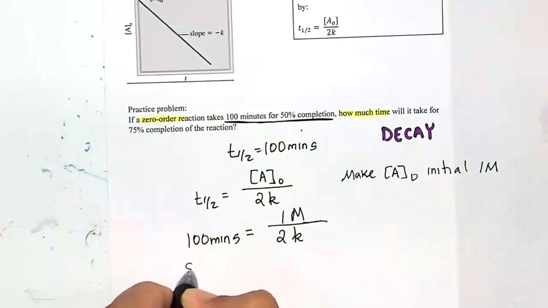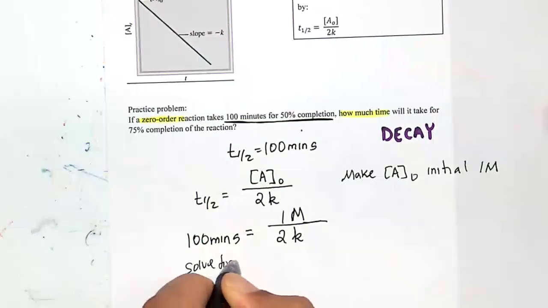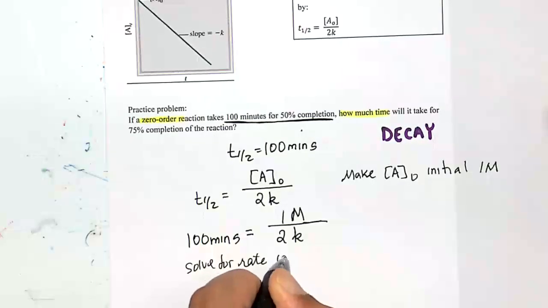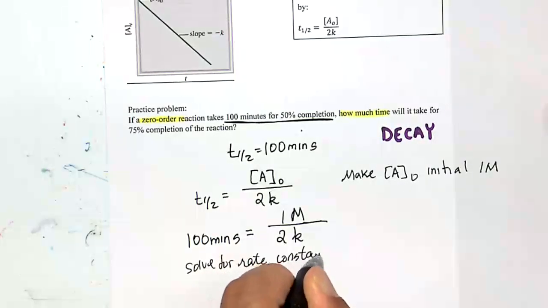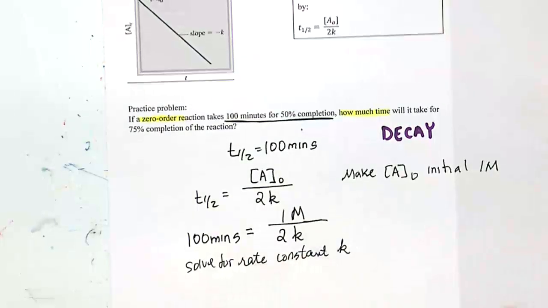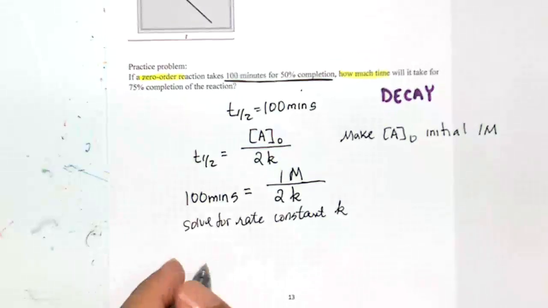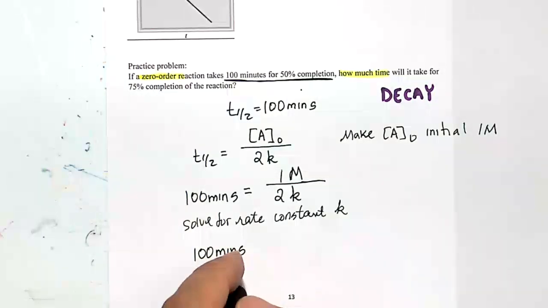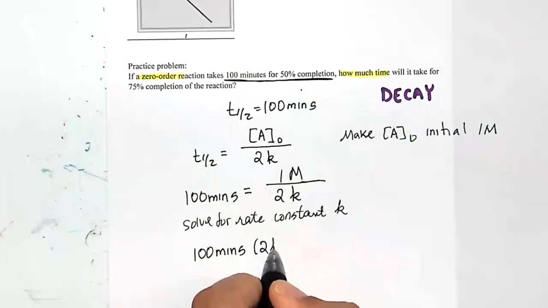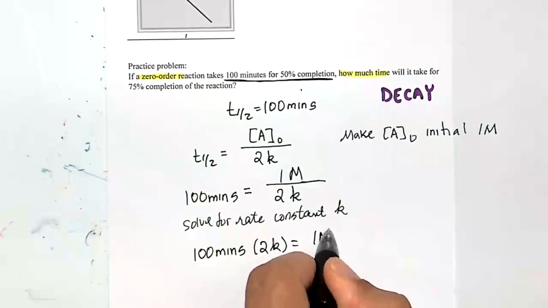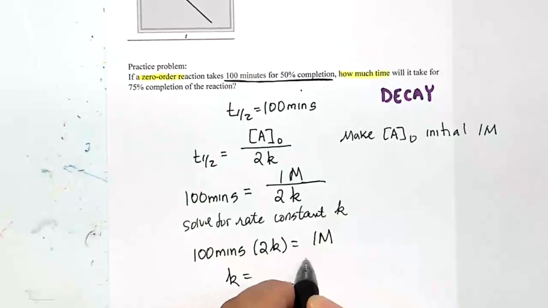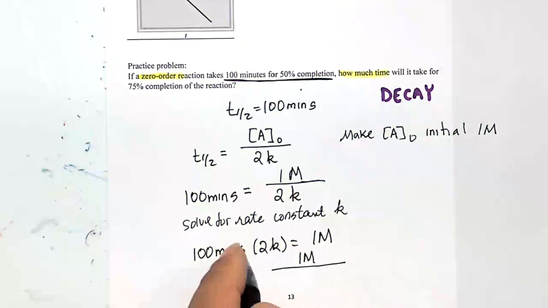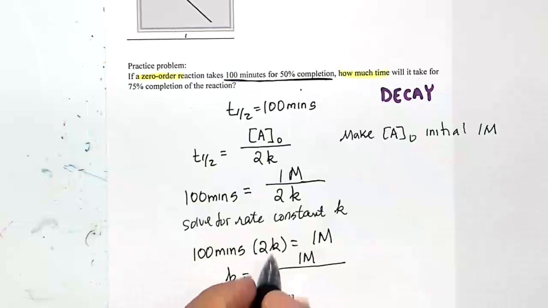All right, so here we'll solve for the rate constant K. 100 minutes times 2K over 1 M. So K is going to equal 1 M divided by 200 minutes.